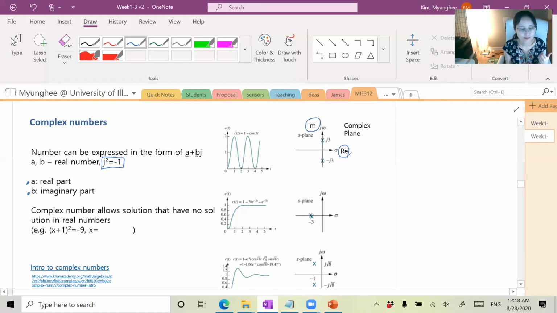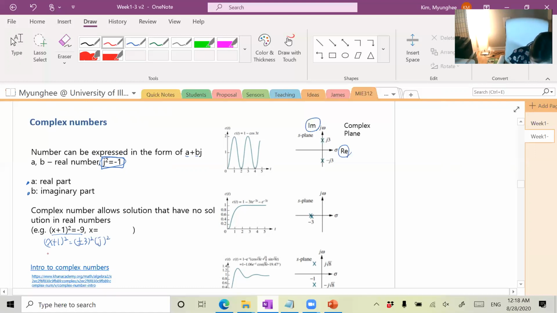Mathematically, the benefit of having this complex number is that it allows a solution where there is no solution in real numbers, such as this equation. You can't solve it in real numbers. But if you adopt this concept, j squared equals -1, it becomes (x+1) squared equals plus minus 3 squared and j squared.